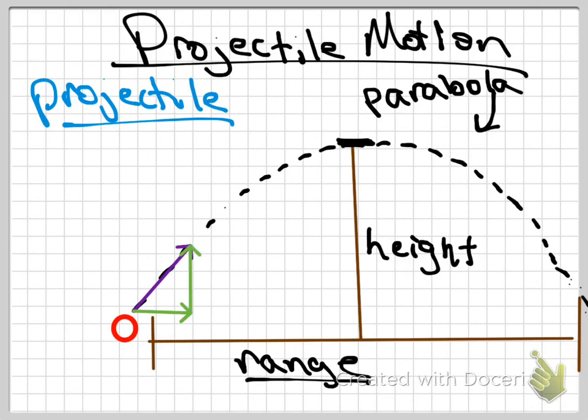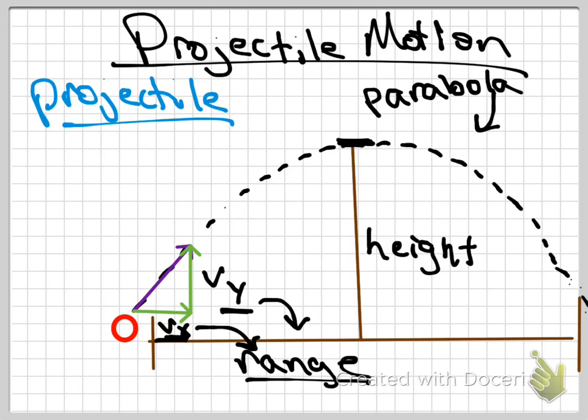So it will have an initial Vy and an initial Vx. Okay? So these numbers will affect the range.